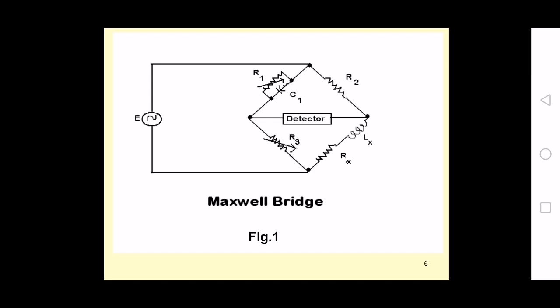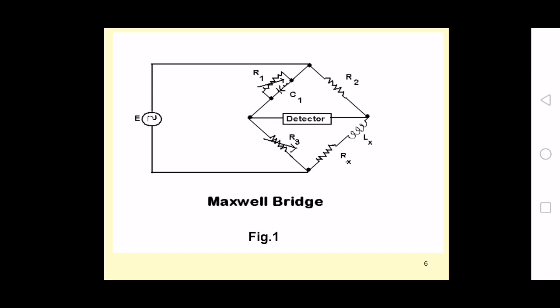So the conditions for the bridge balance require that, so you can take these points similar to the Wheatstone bridge, A, B, C, D. Then the condition for bridge balance requires that the potential difference from A to C be 0.